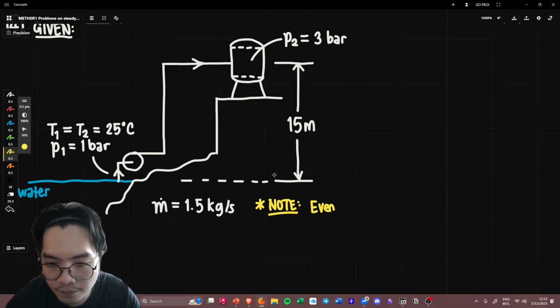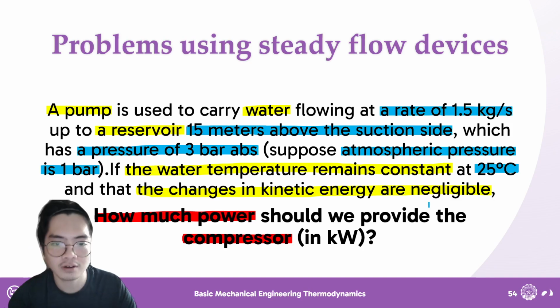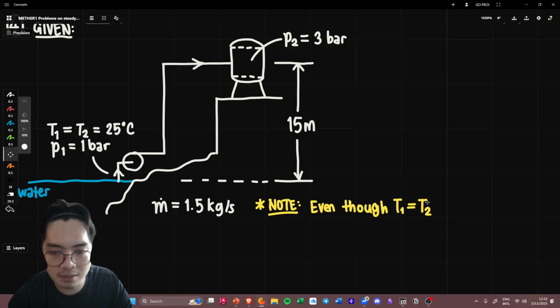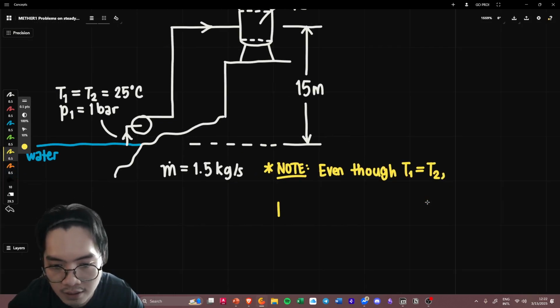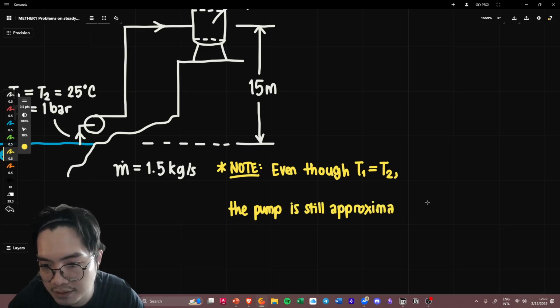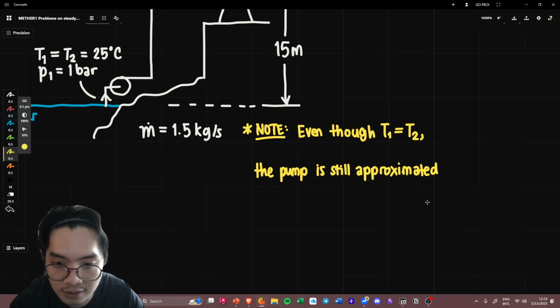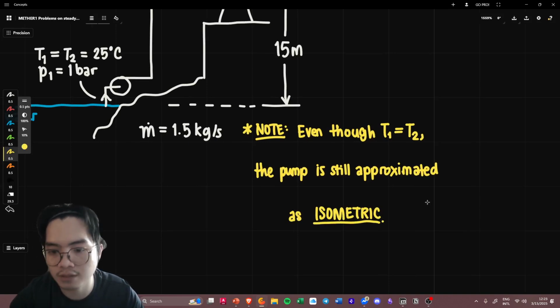Even though T1 is equal to T2, basically a way for us to say this is isothermal-ish, this is still basically, for us, an isometric operation. The pump is still approximated as isometric.